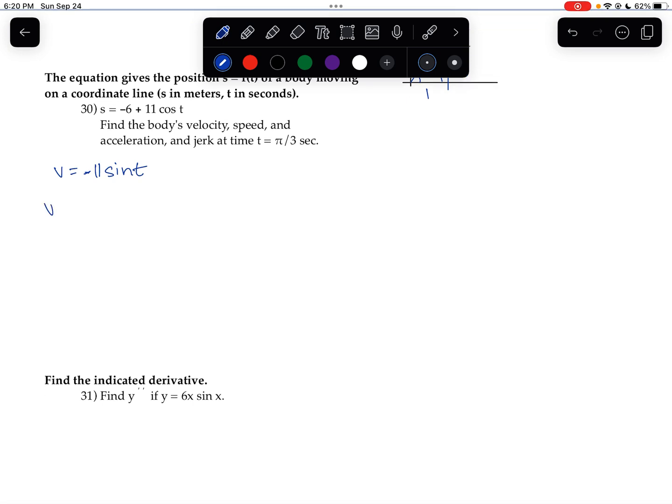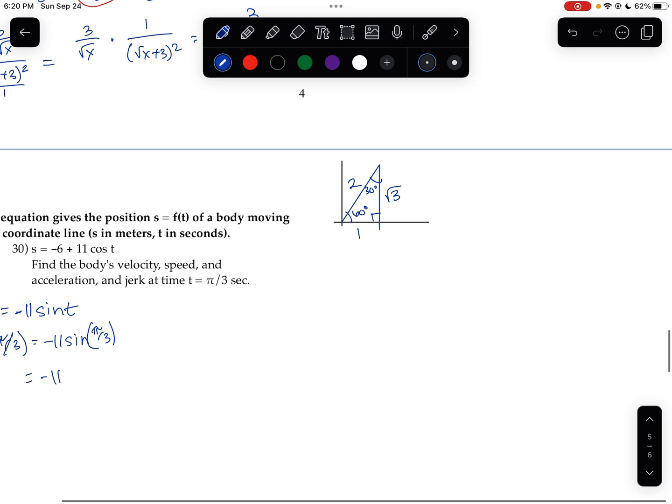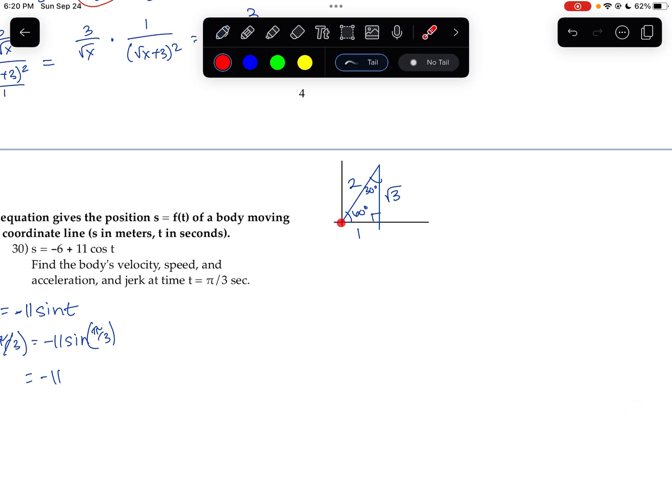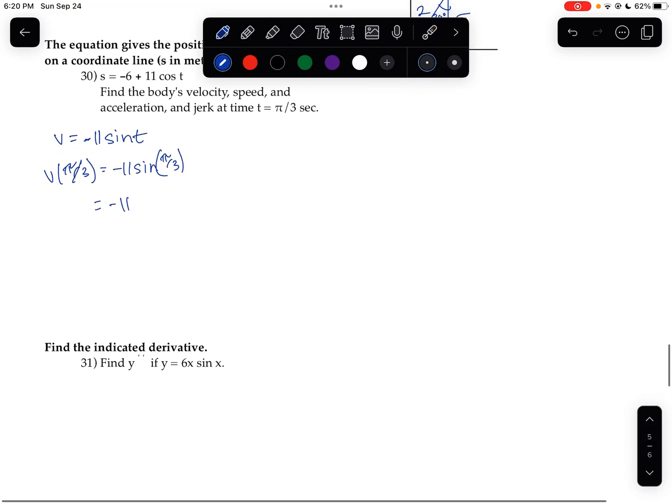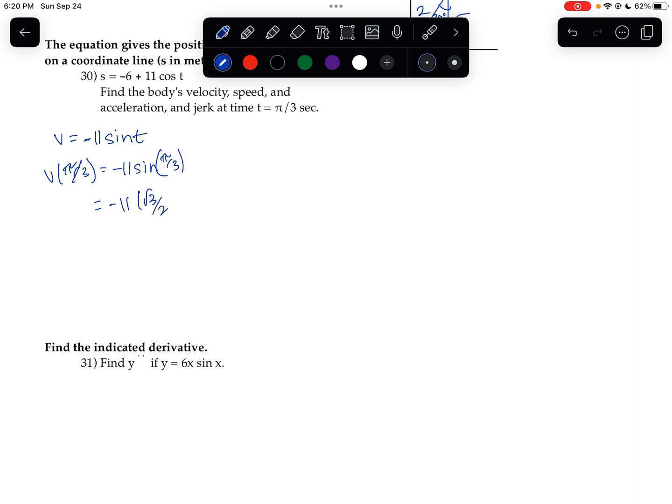And so v of pi thirds would be equal to negative 11 sine of pi thirds, which is equal to negative 11, and sine of pi thirds would be square root of 3 over 2. So you can just say negative 11 square root of 3 over 2. Okay, so there's velocity.